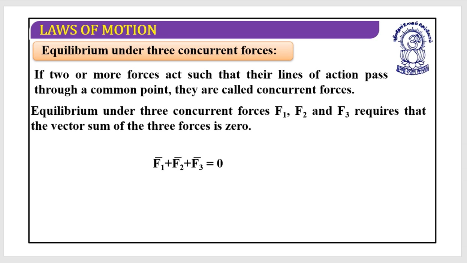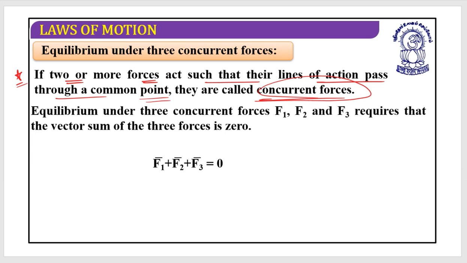Now let's suppose more than two forces are acting on a certain particle, what would be the situation? Let's have a look. If two or more forces act such that their lines of action pass through a common point, they are called concurrent forces.